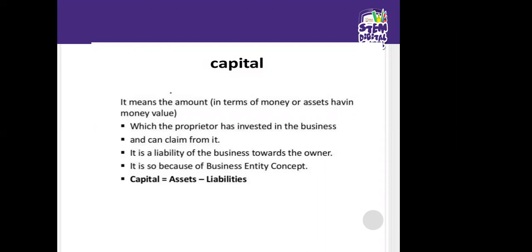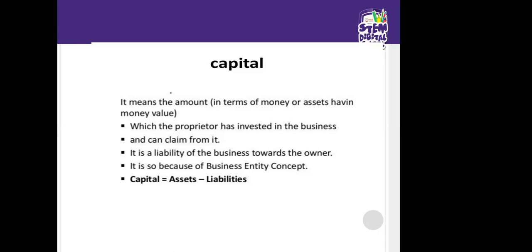Now, what that means is that the things of the business and the private things of the owner have nothing to do with each other. Okay? I'm going to give you guys an example. So the things of the business and the private things of the owner have nothing to do with each other. Right, here comes an example, and I think then it will be a little bit clearer.